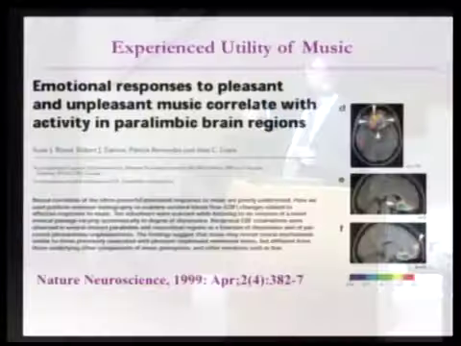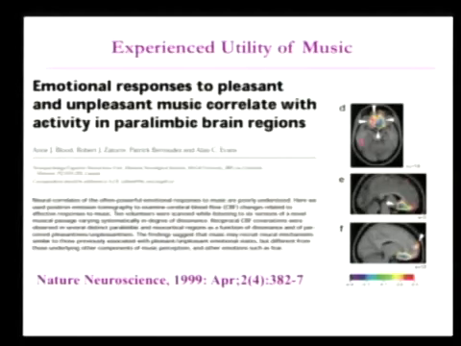This is another example. This is not from my own work. It's work from Anne Blood and Robert Zatorre in Montreal. Instead of looking at money or faces, they actually looked at music. They played a set of tones to volunteers which were either in harmony or not in harmony.